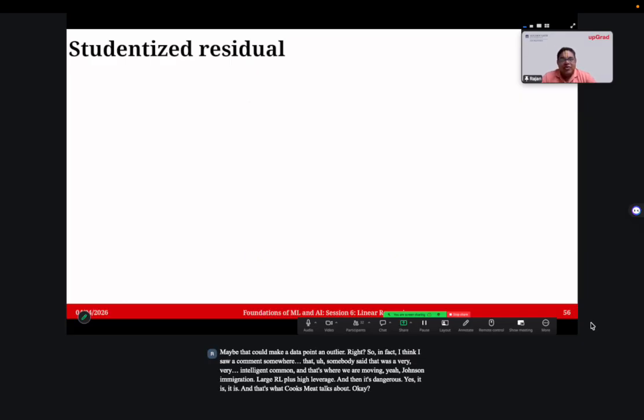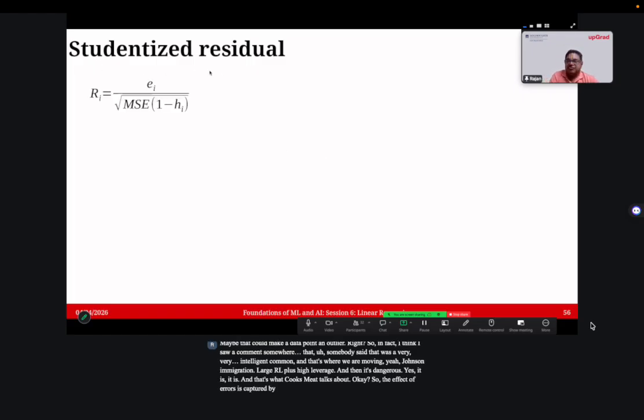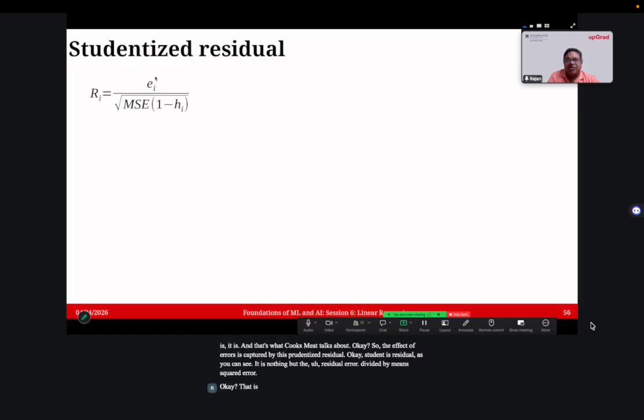The effect of errors is captured by the studentized residual. The studentized residual is nothing but the residual error divided by the square root of the mean squared error, that is, the standard deviation.